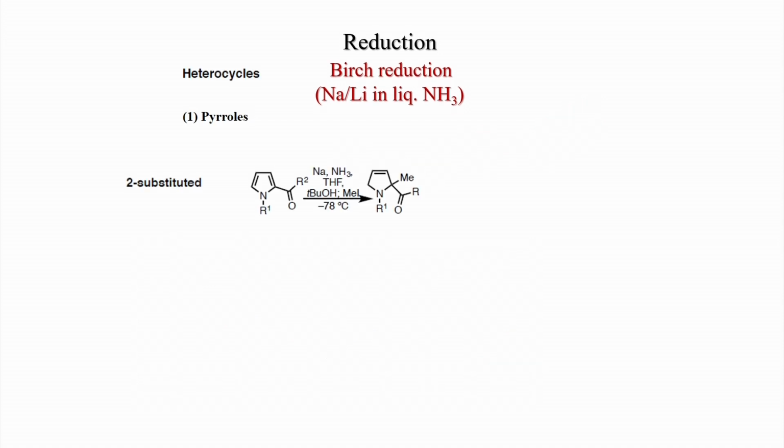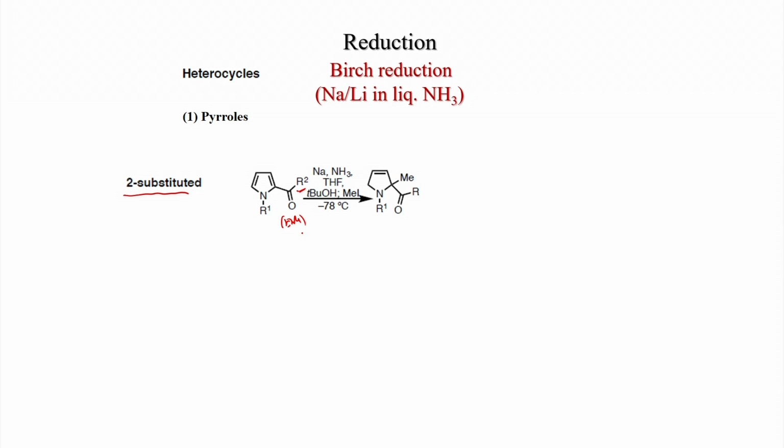Pyrroles can also react under these conditions. Now, we will discuss first 2-substituted pyrroles, and R2 is generally an ester or amide group, which is electron withdrawing. So, this is an EWG.